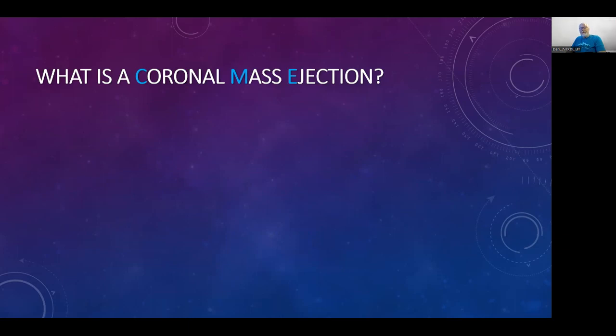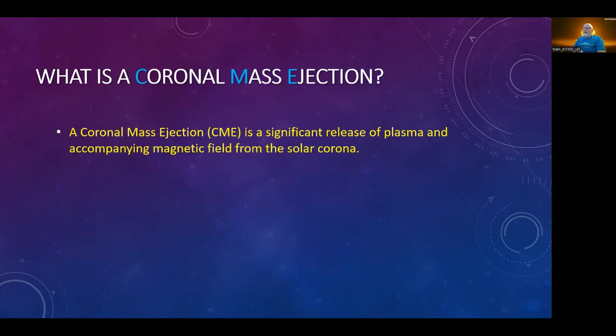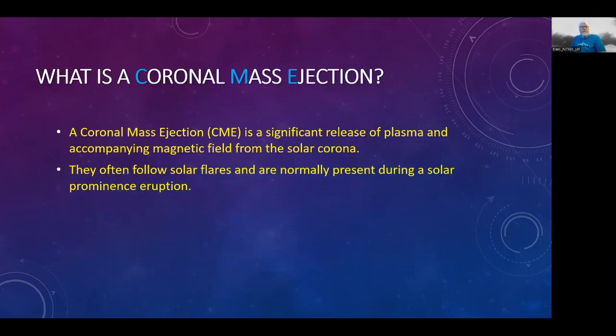Now, we're going to compare that with the coronal mass ejection because they are similar with one of the waves that they produce. A coronal mass ejection is a huge amount of released plasma and the accompanying magnetic field from the solar corona, from the sun itself.